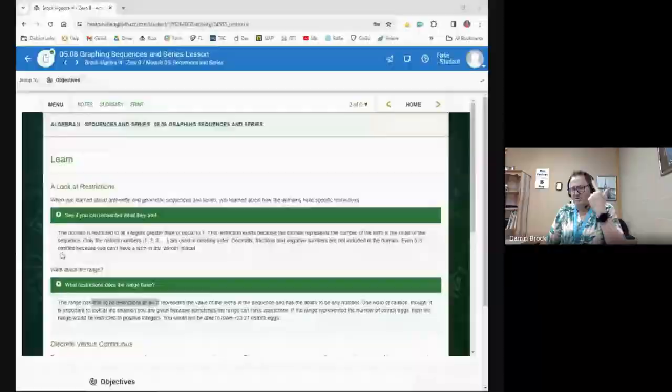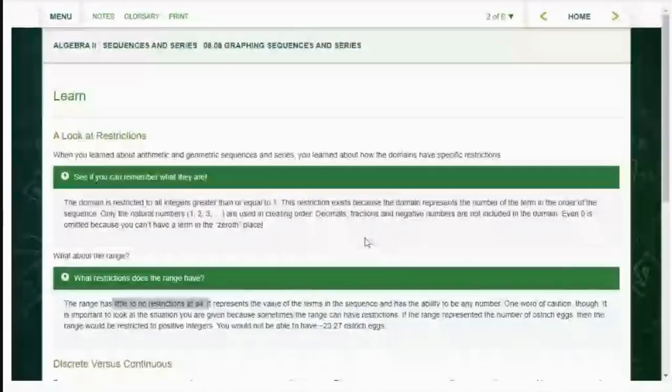Arithmetic sequences in general could be anything, negative infinity to infinity. But you may have a certain situation that this is being applied to that restricts you. So you just have to think it. That's common sense. If he's collecting eggs, I'm not going to have a 7.681 in my range. It has to be a whole number. It has to be a positive number. So things to think about. Use your head when you've got a problem like that.